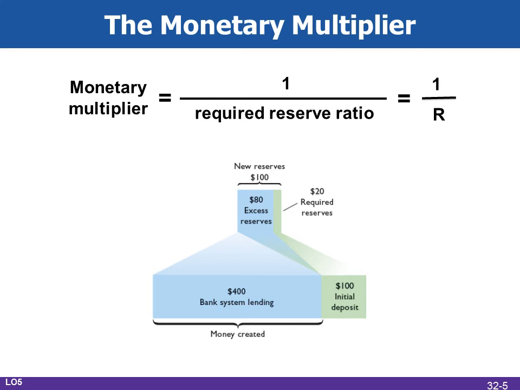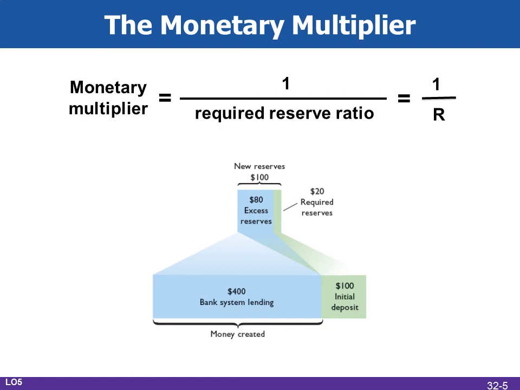All right, let's go through that one more time. When a deposit is made at the bank, first we figure out the excess reserves after we've taken out the required reserves. If we take the initial excess reserves times the size of the money multiplier, we can figure out how much money in total the banking system can create.